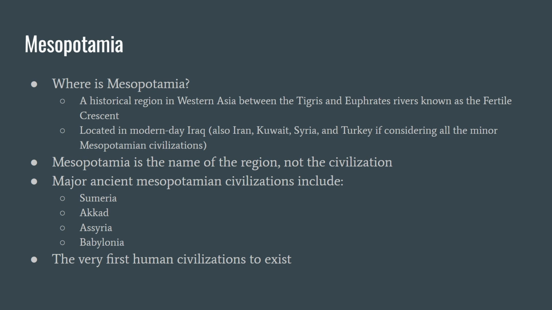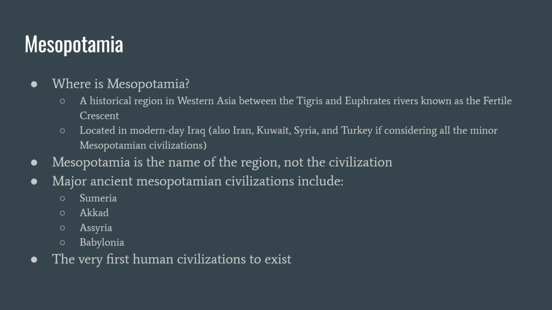Mesopotamia comes first, and then comes Egypt, and then Greece, and then Rome. Everything we talk about in this class is in chronological order, which means oldest to newest. So let's begin. Where is Mesopotamia?